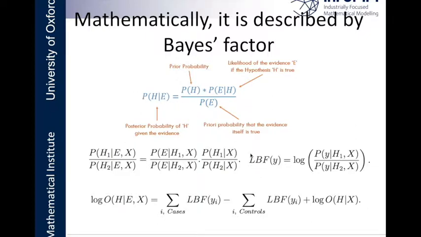And if we define the log Bayes factor as this, then given a list of training examples, we can calculate the log of the posterior odds in terms of the log of the prior odds and the update caused by the data. The higher the value of the update, the more useful a categorical variable y is.